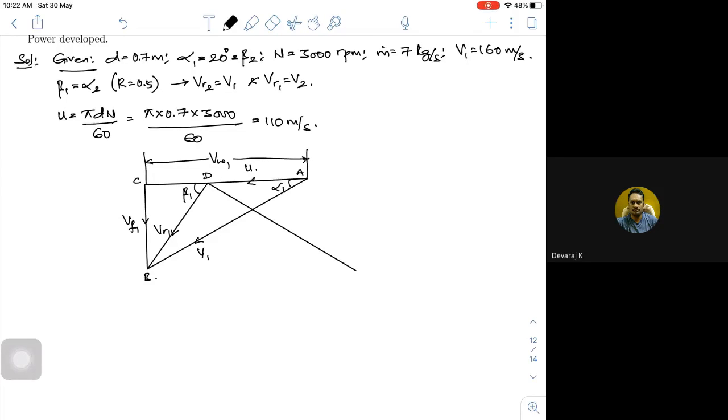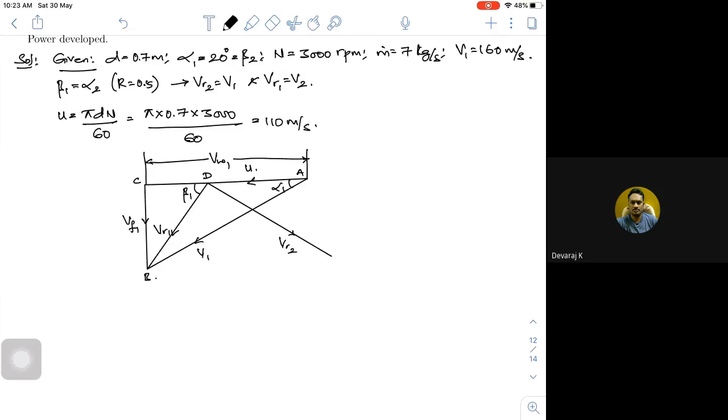So, VR2 is equal to V1. What is my V1? V1 is given as 160 meters per second. So, this V1 and VR2 are both the same. So, this is the point I am going to get. That is my VR2, which is equal to your V1.